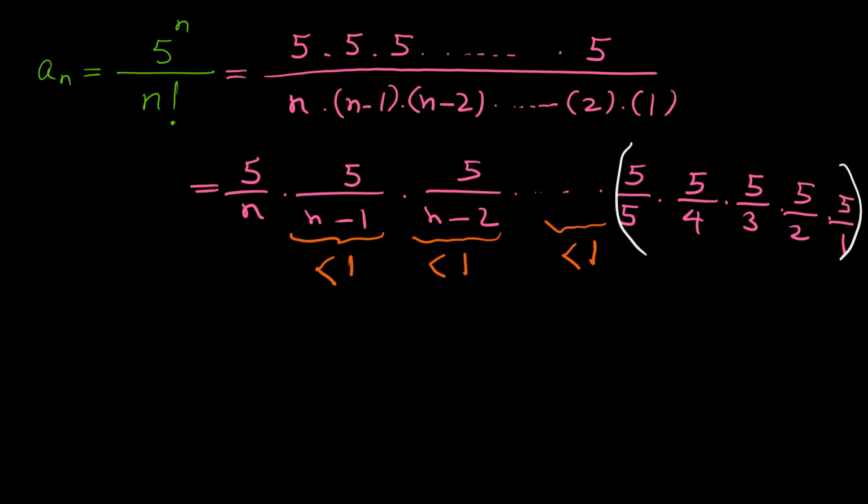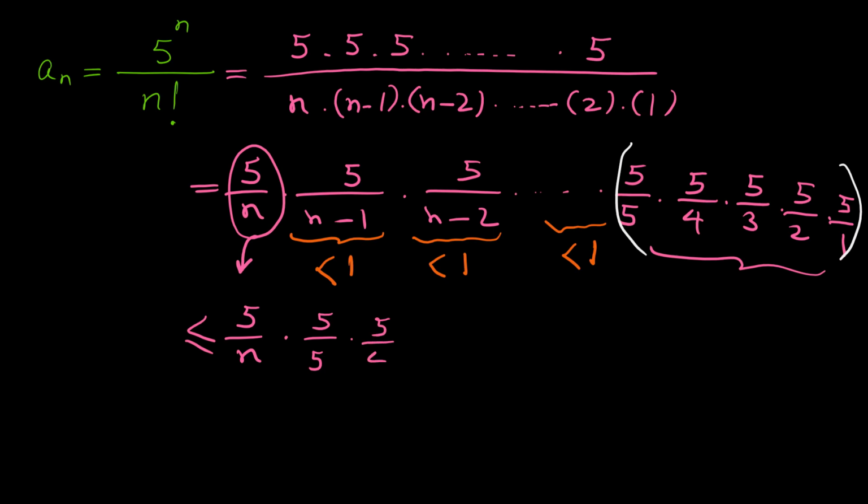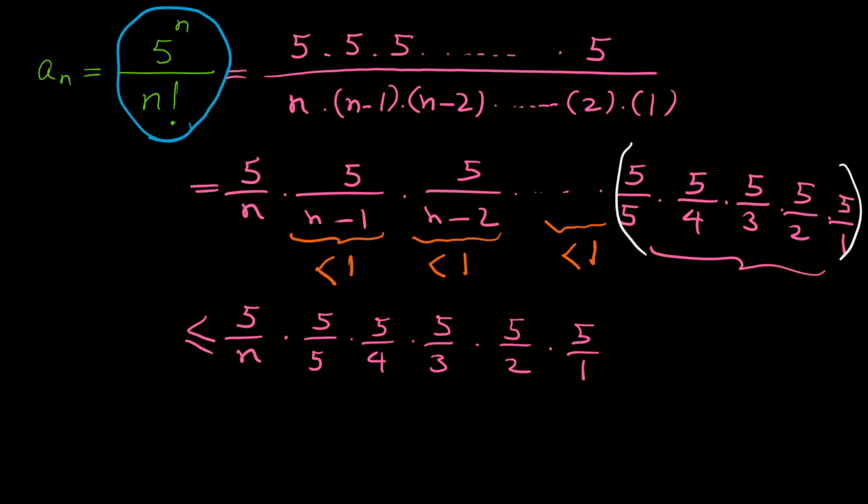So we can claim that this sequence is less than or equal to 5 over n. We keep this term here, and we keep these terms because they are not smaller than 1: 5 over 5, 5 over 4, 5 over 3, 5 over 2 times 5 over 1. So far we have shown that this sequence is less than this.